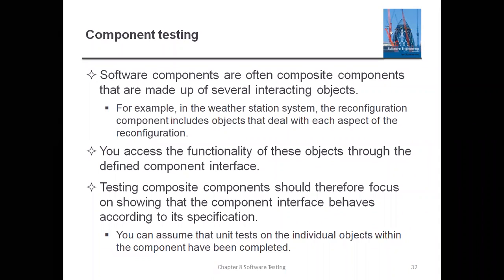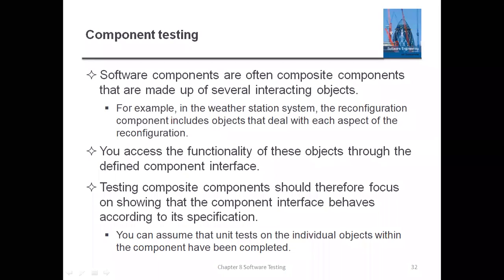So here what we are going to do, we have to access only the objects whatever has been defined inside the component interface. Suppose I will give you an example. I have one component, let's take it as a student component, and inside the student component there will be many objects, right? So USN, name, father's name, mother's name, mobile number, all these things are your objects.